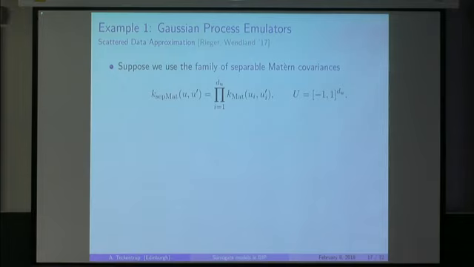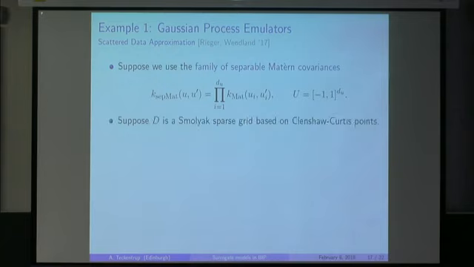Okay, so the way that you construct these is you just take a tensor product or a product of one-dimensional Matern kernels. Okay. The u_i here is just the ith element of u. So you have d_U of these, and then you just take a product of d_U Matern kernels. Okay. Because this Matern kernel has this tensor product structure, you also need to assume a tensor product structure on your domain. So for simplicity, we're just going to assume that your domain is this hypercube from -1 to 1.